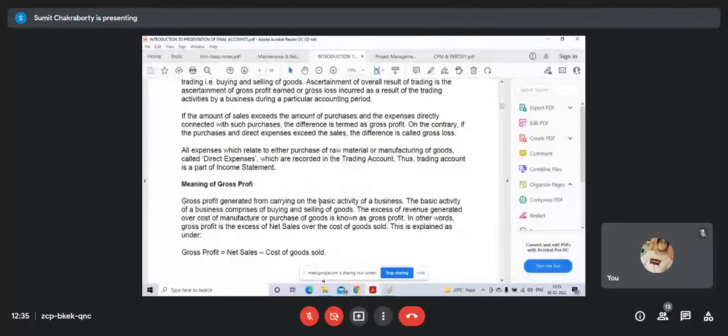All expenses which relate to either purchase of raw material or manufacturing of goods are called direct expenses, which are recorded in the trading account. The trading account is a part of the income statement.